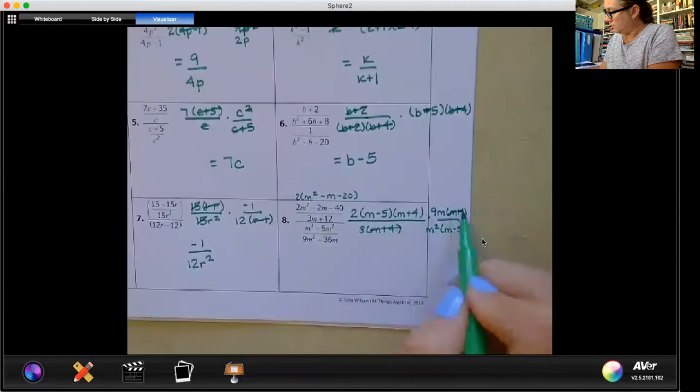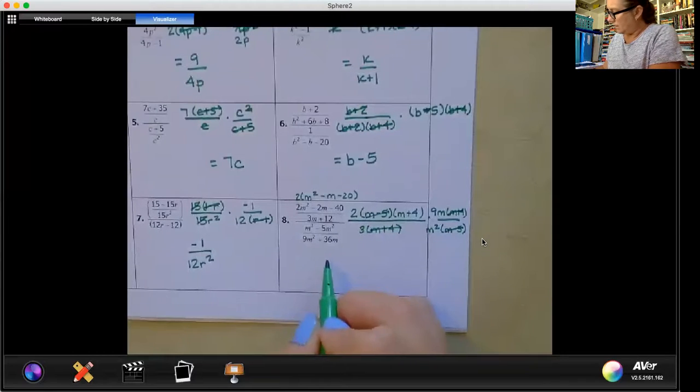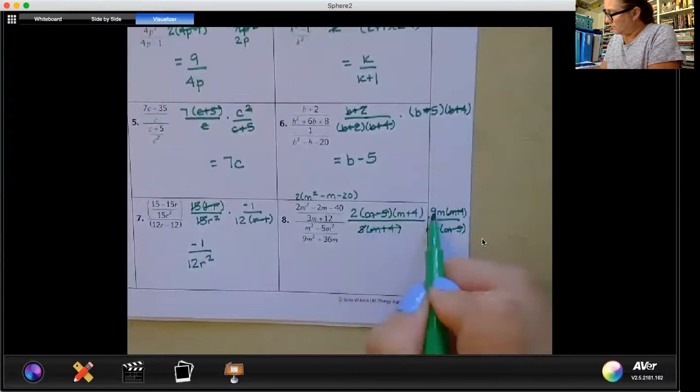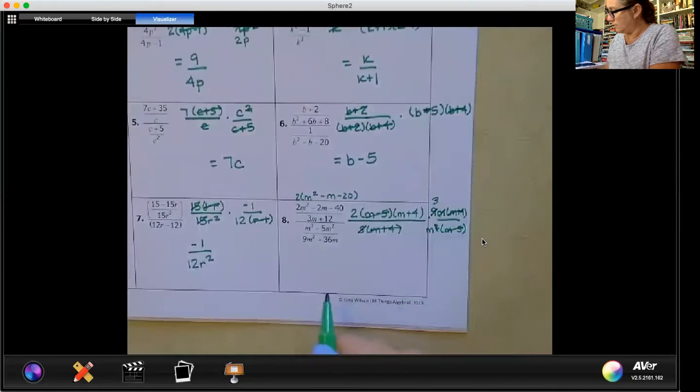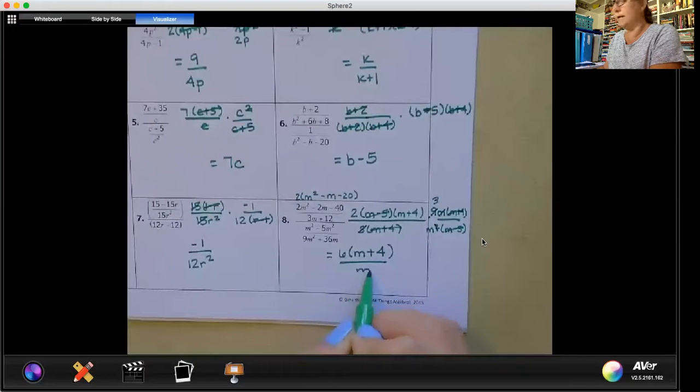So m plus 4, m minus 5, and that gives you 3 goes into 9 3 times, and m goes into m squared m times, and you have 6 times m plus 4 over m.